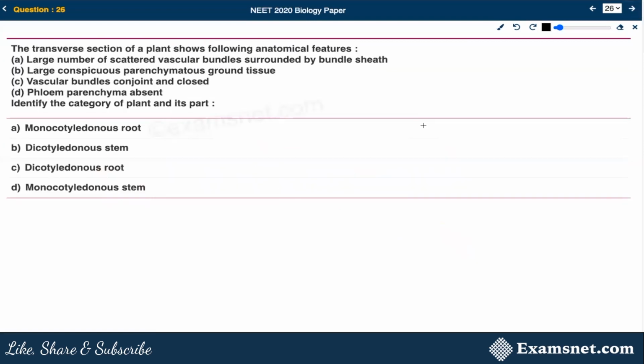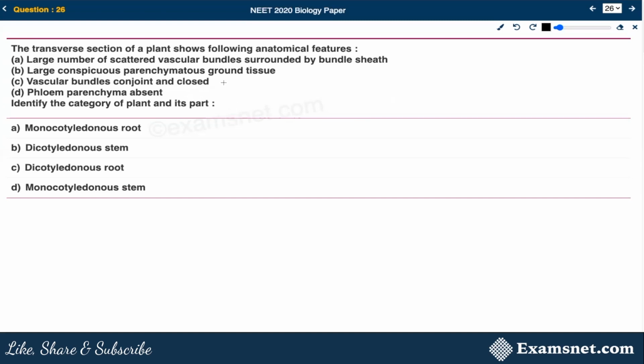Now, the next question is that the transverse section of a plant shows following anatomical features. Anatomical means the internal features, you can say. And these are the features that have been given. Now you have to identify the category of plant and its part.